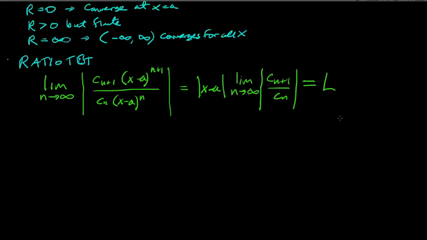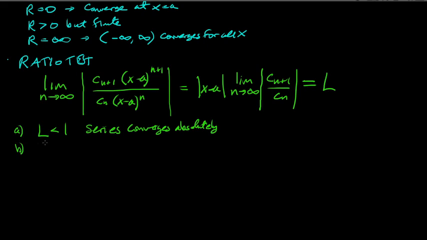And there are three possibilities. One is that your limit L is less than 1, in which case the series converges. In fact, it converges absolutely. And remember, if it converges absolutely, then it converges.